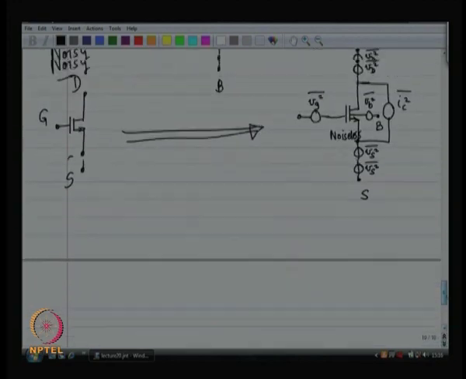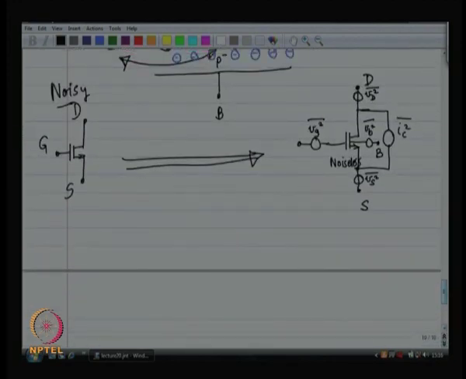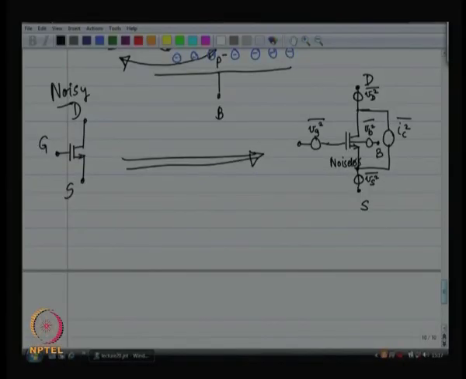Vb squared also should be small if you have done a good job, might not be small, it is because of the substrate resistance that you have got, and Vg squared also should be something which is small, it is because of the gate resistance. The gate is made out of poly. If you have not put enough contacts all over the gate, then the gate noise is going to become substantial.